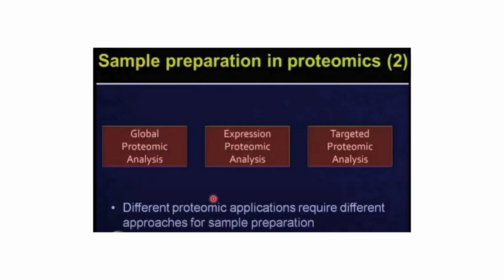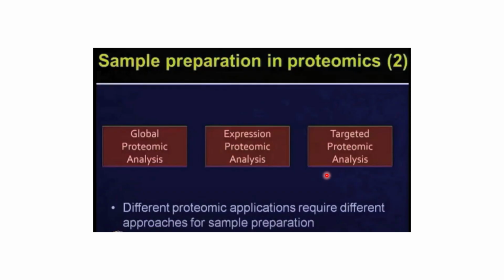Targeted proteomic analysis, for example, inside the whole cell, you're targeting a few proteins and trying to understand whether that specific protein is being expressed inside the cell and trying to quantitate it. Targeted analysis is generally used when you know that the specific protein is present in your sample, and you have standards with you.